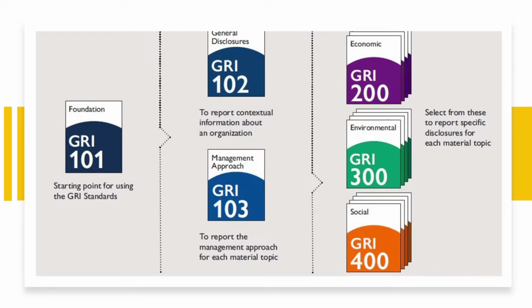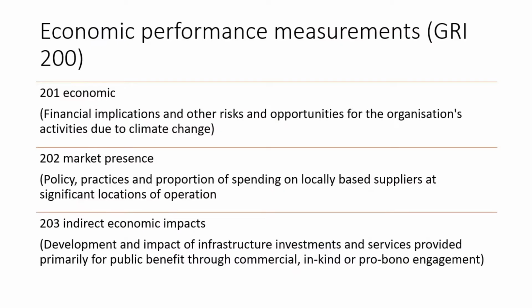The framework has a number of items, but the enterprises would choose relevant items from this framework for reporting purposes on economic, environmental, and social aspects for performance. Economic performance measurements are the 200 level items. There are 3 aspects in it.